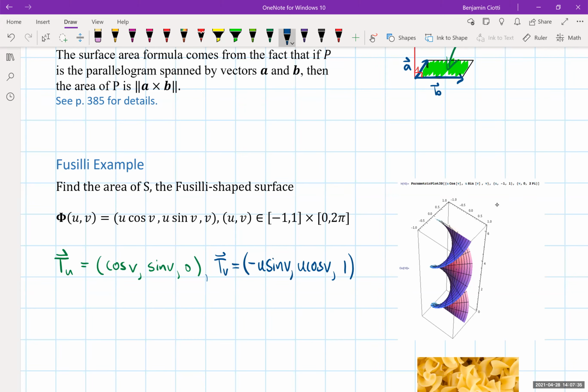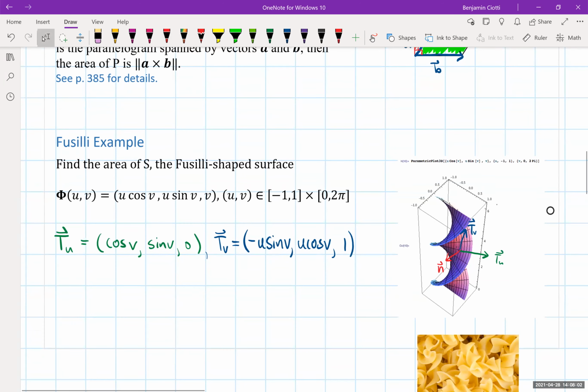You could visualize the 2 tangents on the picture there. T_u points something like that, and T_v points something like that. So their normal vector is going to be something like that. Let's compute the normal vector. It's T_u cross T_v.